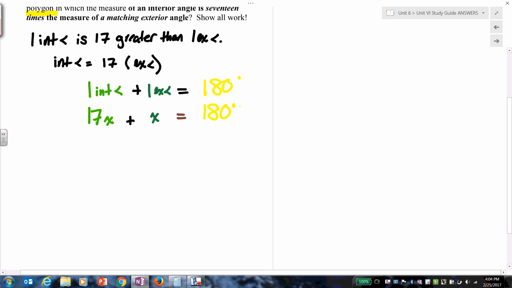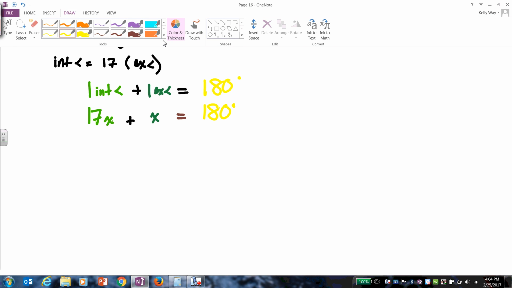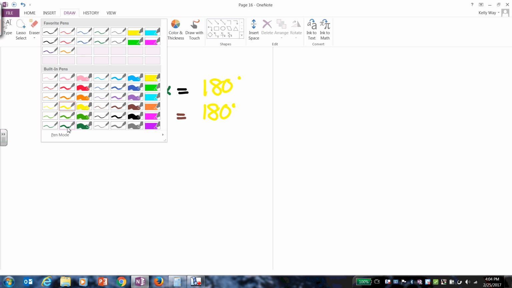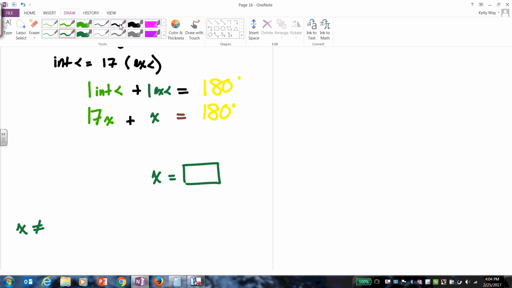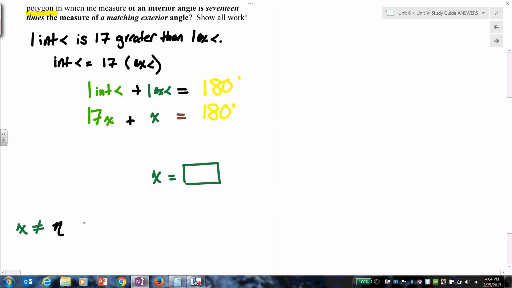After you solve it, use that to find your n, which is the number of sides. So your x is going to be down here, and you're going to find x. But keep in mind that x is not the same as n, which is the number of sides. And n is ultimately what you're trying to find. Finish this problem on your own.